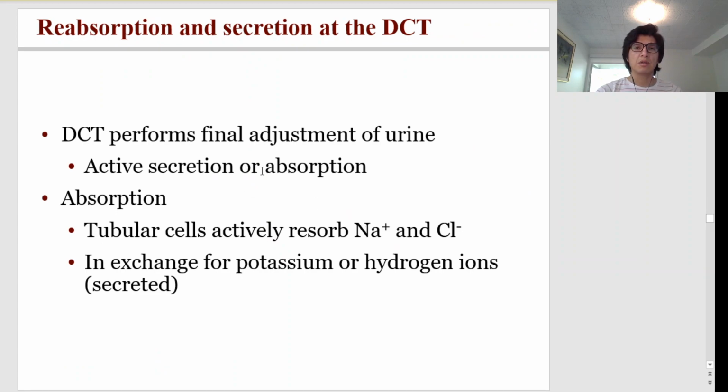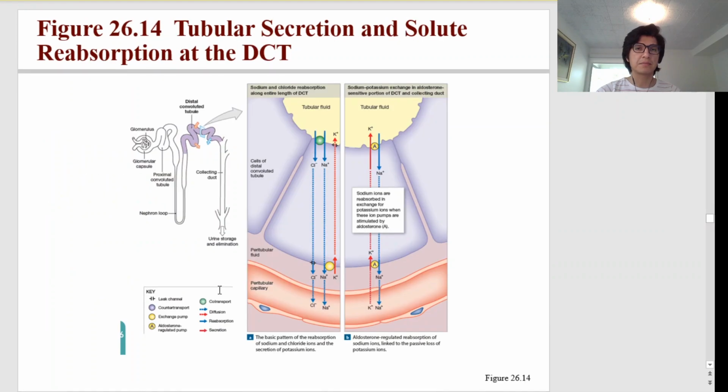The distal convoluted tubule performs these final adjustments and selectively reabsorbs sodium and chloride in exchange for potassium and hydrogen ions. And here we observe the exchange of potassium ions in exchange for sodium and chloride.